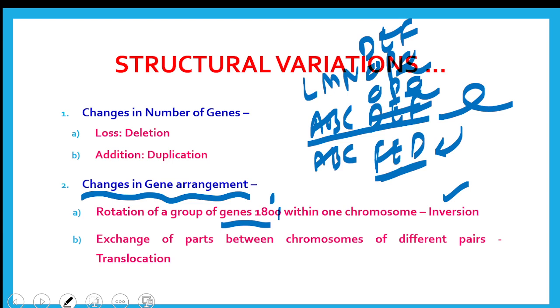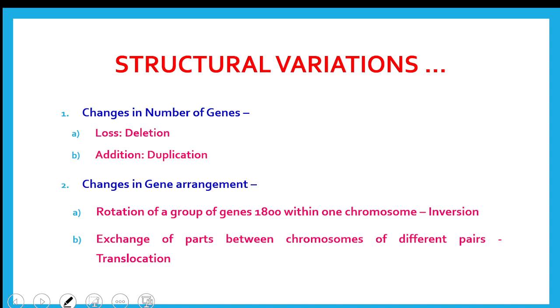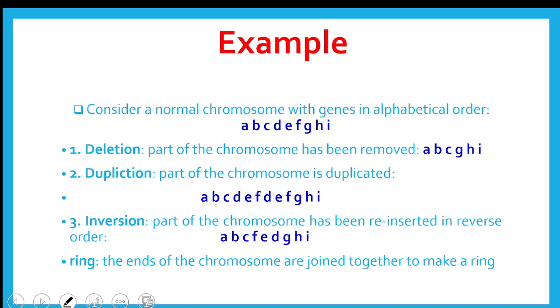The new combination will be LMNOPQ, DEF, and ABC, OPQ. Here also there is generally no loss or addition, just a gene rearrangement. There are some exceptions to this, which you will learn as you go through this topic.